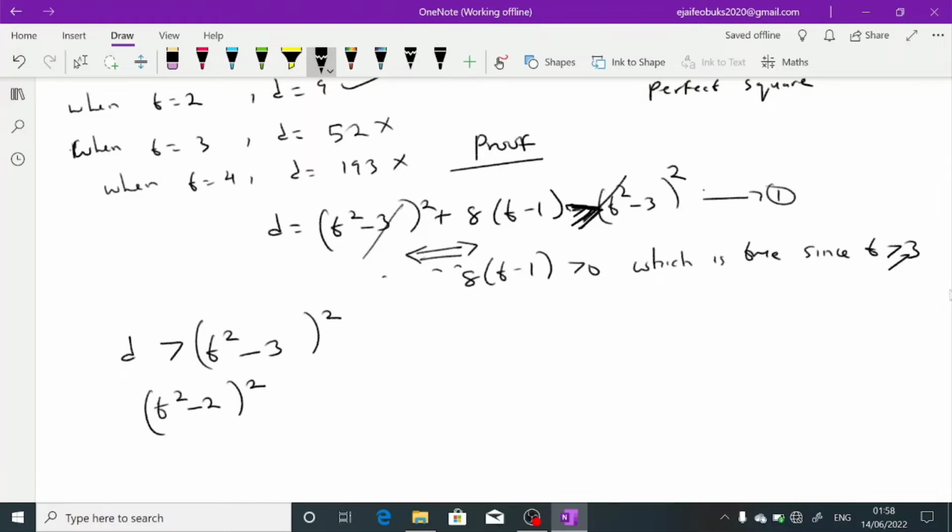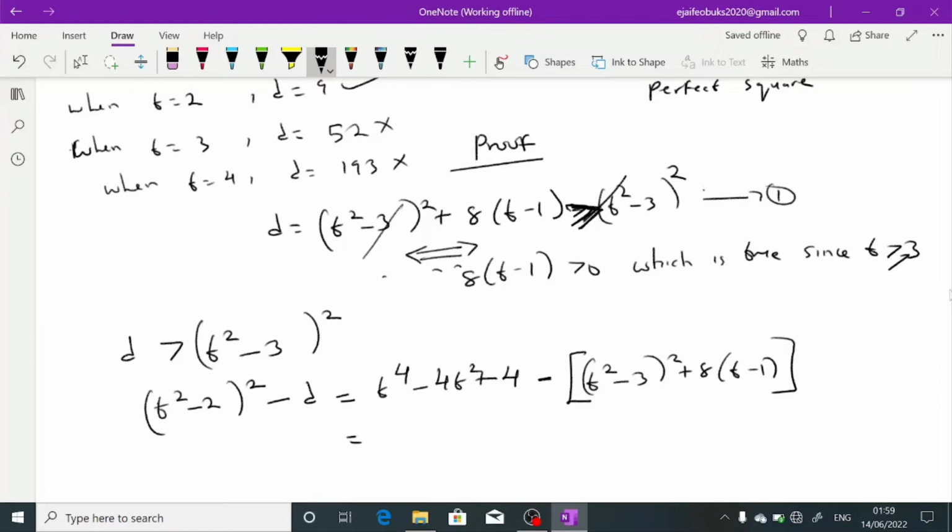Let's look at t square minus 2 all squared. Let's subtract this, consider this difference. This is t4 minus 4t square plus 4 minus d, which was t square minus 3 all squared plus 8t minus 1.